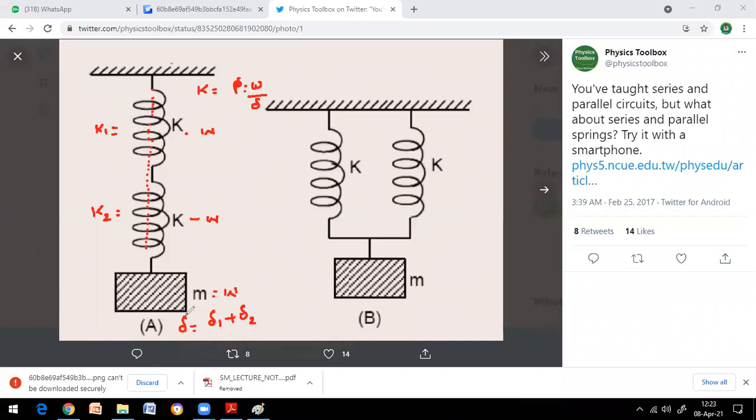When the deflection varies, automatically stiffness also will vary, because stiffness always depends on deflection. It doesn't directly depend on the load carried by the spring. So the stiffness of these springs connected in series can be written in this form. Let me show it clearly.